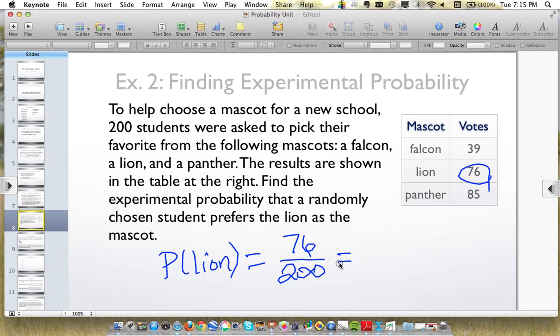Let me grab my calculator really fast. 76 divided by 4 is 19. Nice and easy prime number. And 200 divided by 4 is 50. So 19/50ths is our fraction, and then a percent would be 38%, and then a decimal would be 0.38. So pick your version of how you want to answer that.